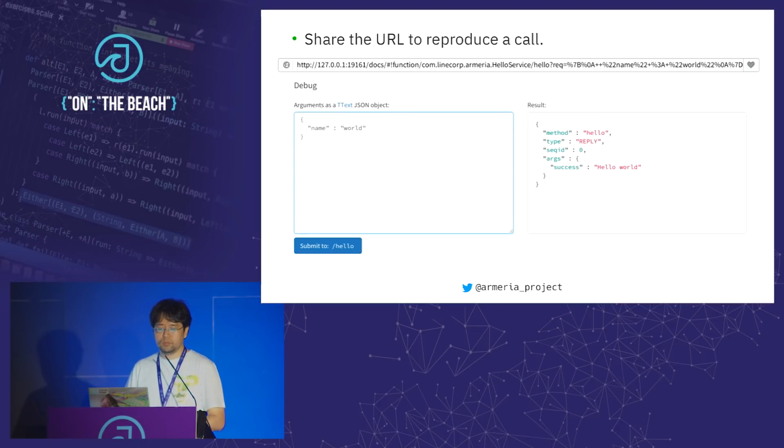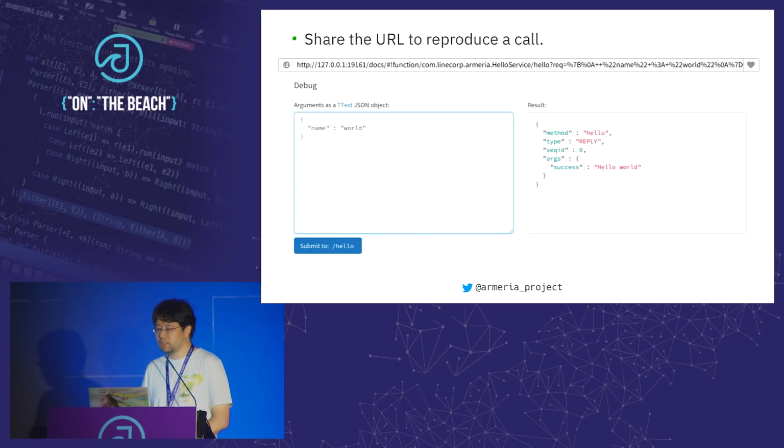You specify some JSON object so that you can specify key value of the parameter. And then if you press the submit button, the request is really sent to the server, and then you get the response in JSON. So you don't have to look into the binary protocol stuff. Simple and easy.